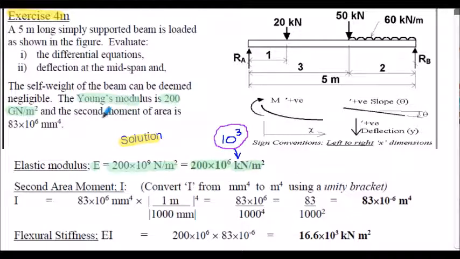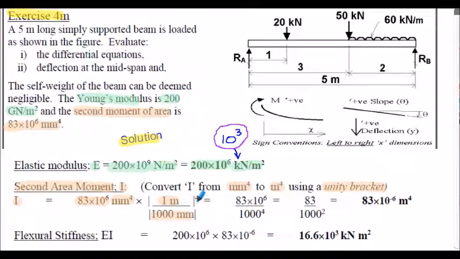We also need to be careful with the second moment of area, the I value given. It's 83 times 10 to the 6 millimeters to the 4. I'm going to convert that from millimeters to the 4 into meters to the 4, using a unity bracket, a technique we considered in a previous presentation. So I will be 83 times 10 to the 6 millimeters to the 4, and using my unity bracket, 1 meter is equivalent to 1,000 millimeters.